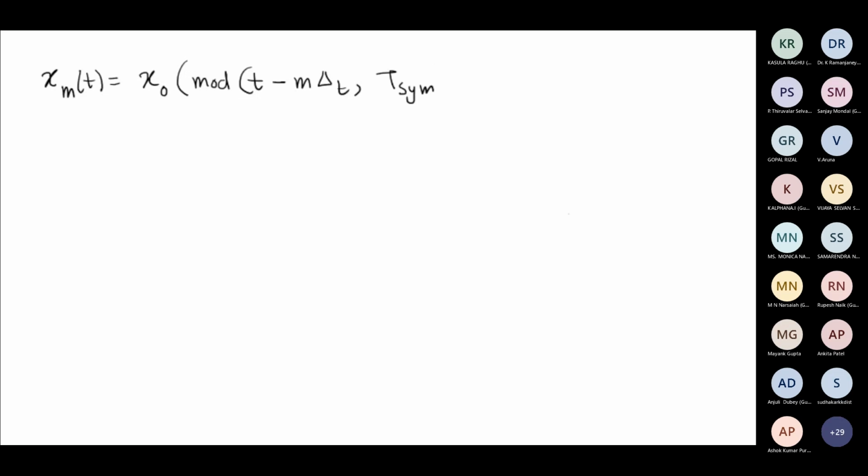So the modulo operation with respect to T_sym gives this cyclical shifting, since each modulation symbol will have a duration of T_sym. And of course here m, the symbol number, can be anything between 0 and capital M minus 1.